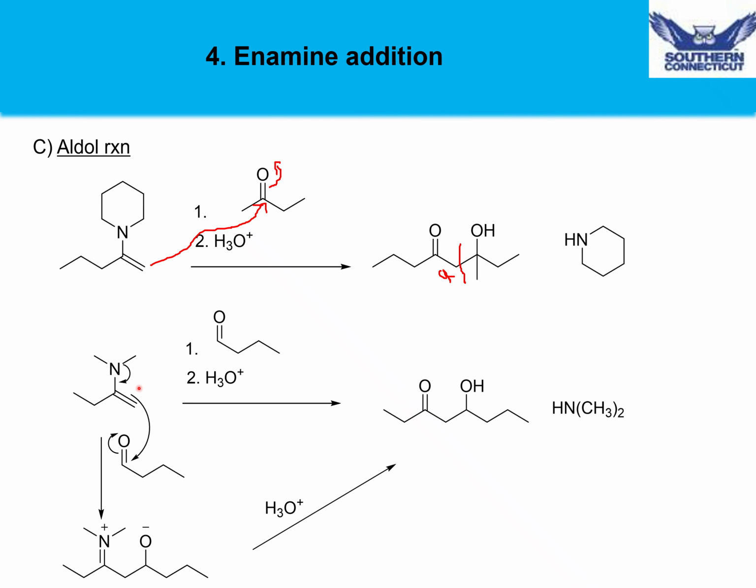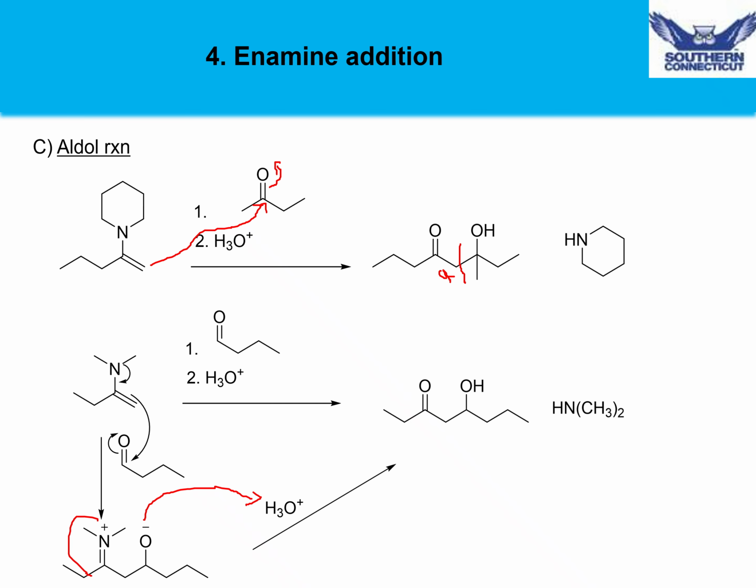Here's another example involving the mechanism as well to clarify how this reaction occurs. So the nitrogen of the amine will push electrons from the alpha carbon and attack an aldehyde. That initially gives you this intermediate shown here, and then the oxygen picks up a proton from aqueous acid.